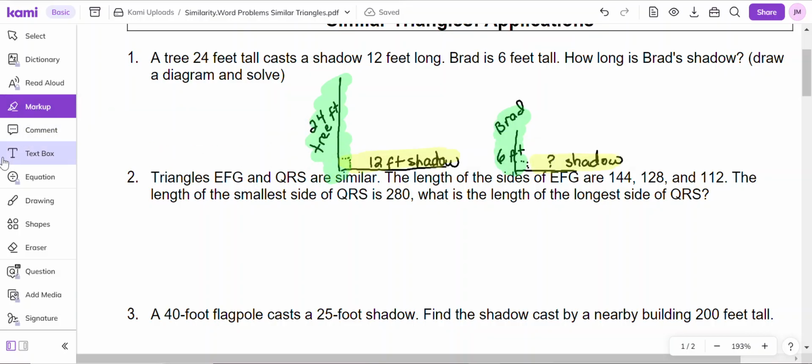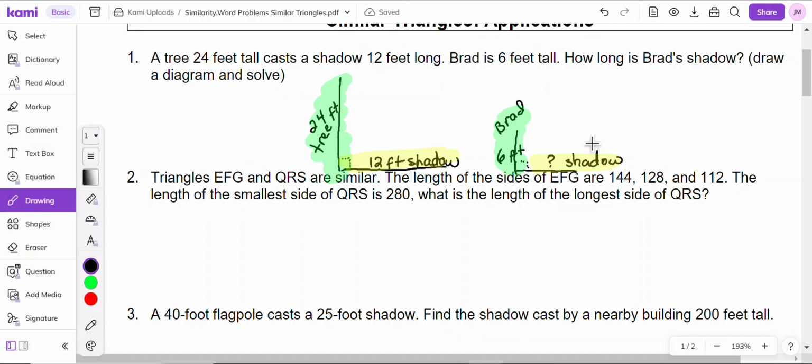So now that you know who goes with who, you just match them up and write a proportion, so you say 24 over 6 equals 12 over, shall we call it x? And then you cross multiply. All right, so what y'all get for x? 3 what?